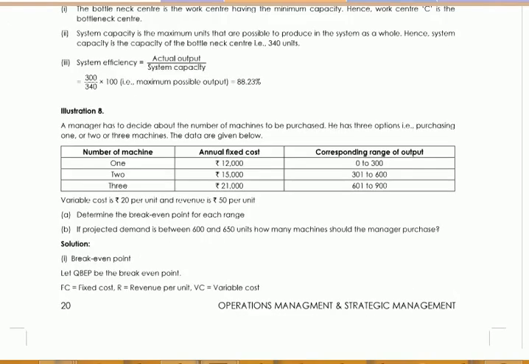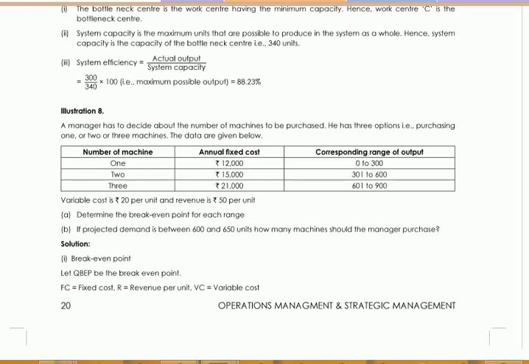And the second part goes like this: if the projected demand, meaning demand which can be created in future, is between 600 to 650. What he is trying to ask is that the exact figure of projected demand is not known to us, but it can be somewhere between 600 to 650. If so, how many machines should the manager purchase?